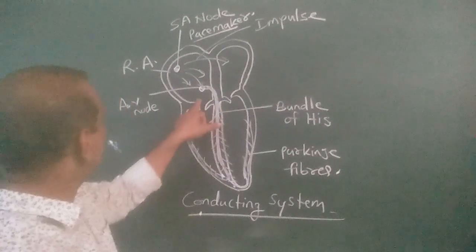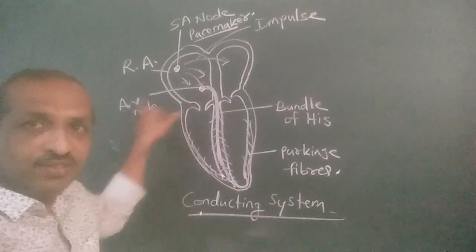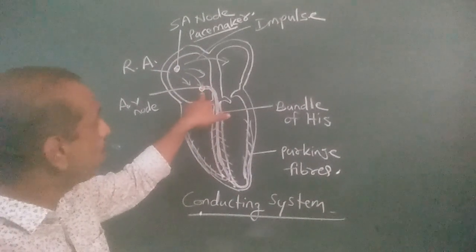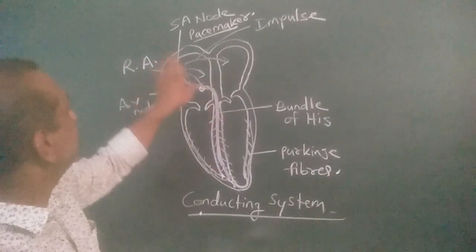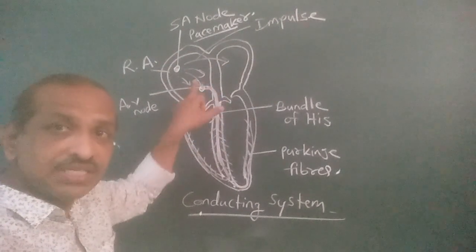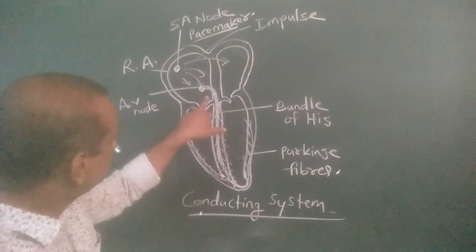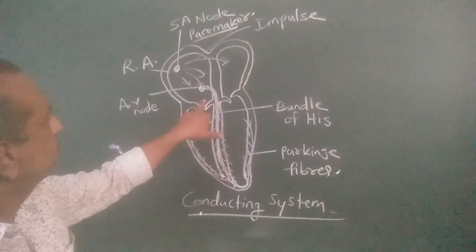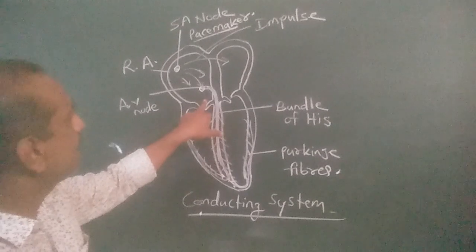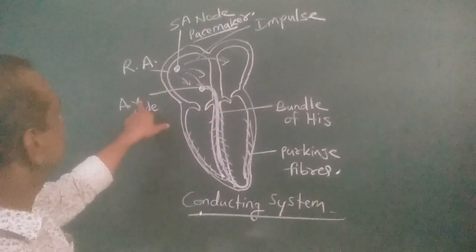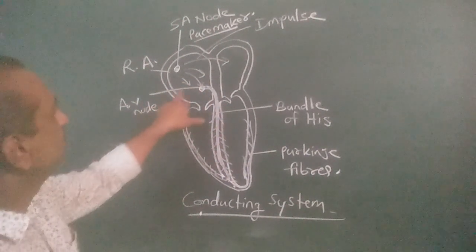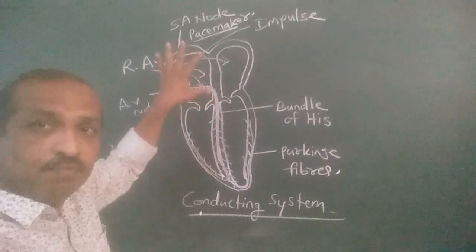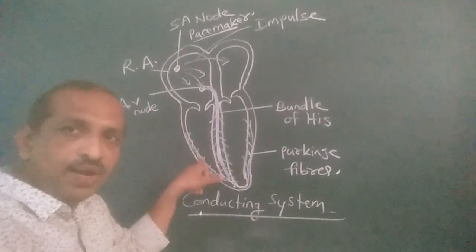The second node, the AV node, is situated in the dorsal wall of the right atrium itself, but just on the lower side, at the atrioventricular opening, in between the right atrium and the right ventricle.